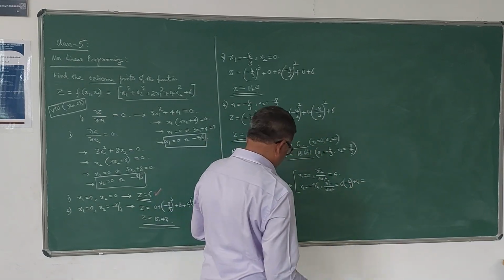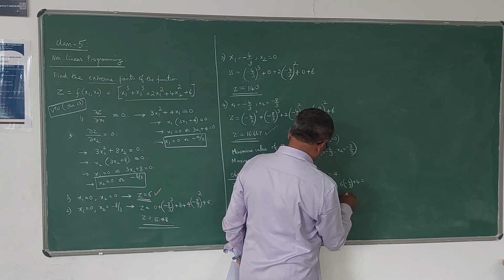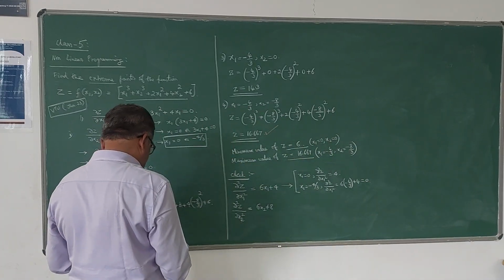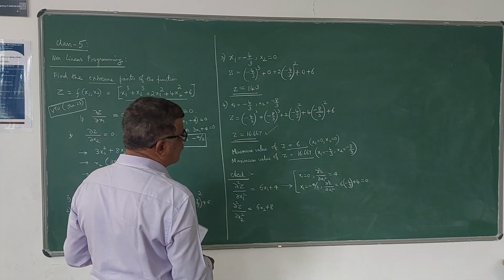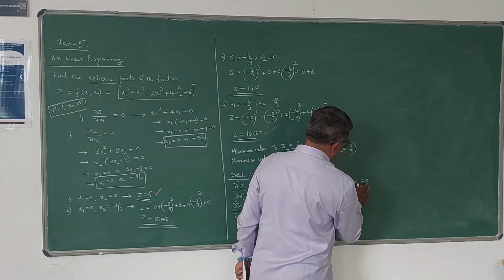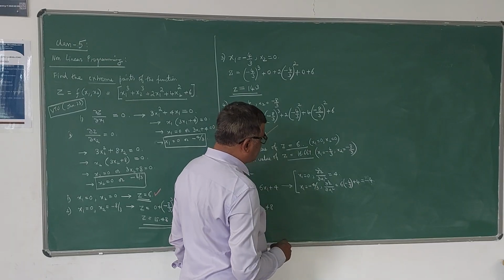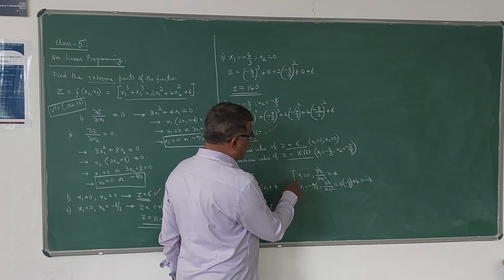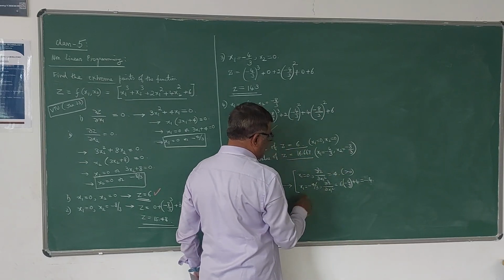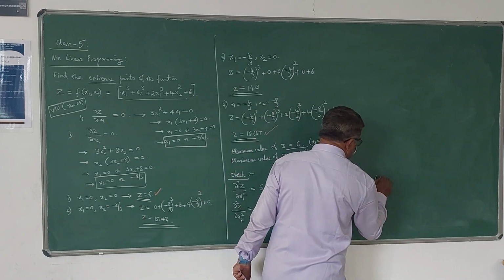If you simplify that, you get minus 4, not 0, sorry, it is minus 8 plus 4. So when x1 is 0, you get a positive value 4. When x1 is minus 4 by 3, you get a negative value minus 4, which is less than 0.